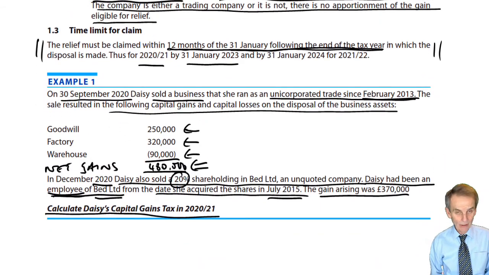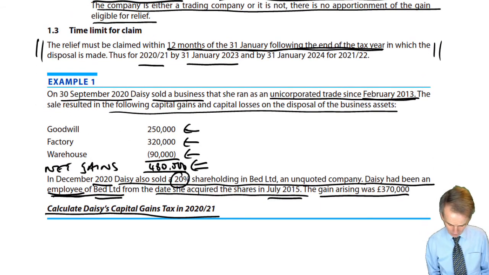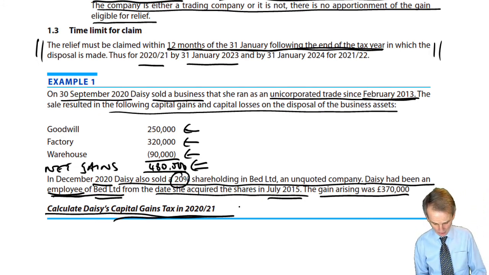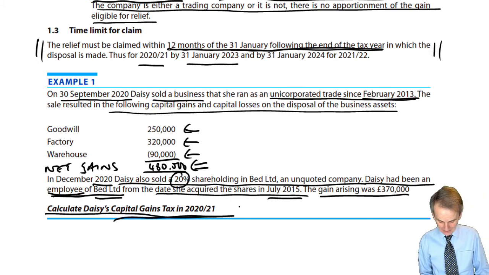What I'd like you to do now, you see the requirement: calculate the capital gains tax in 2021. What we'll find is that the gains here that qualify for business asset disposal relief do not total more than £1 million.